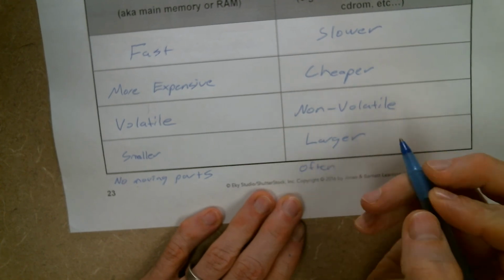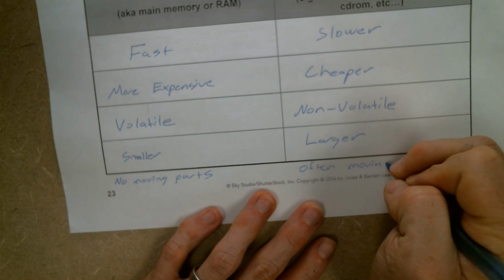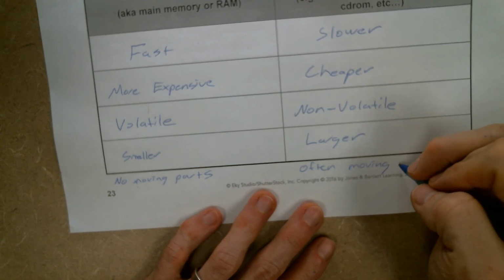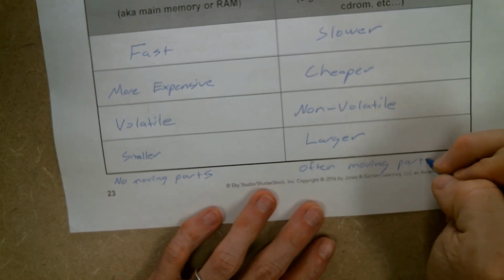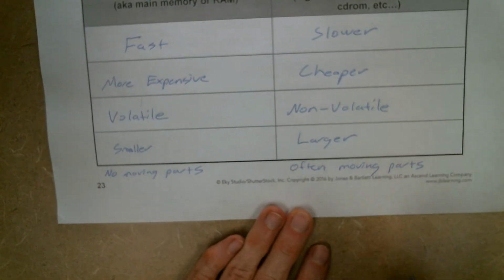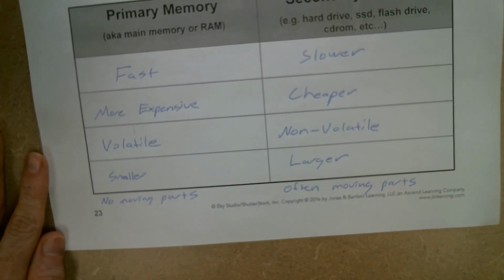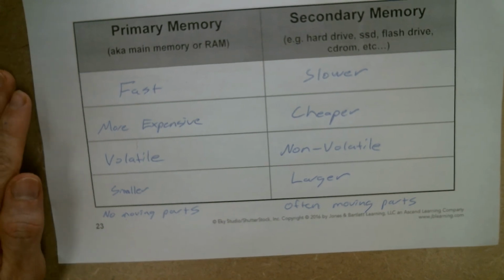It doesn't have to, again, flash drive, but a lot of the mediums, CDs, DVDs, hard drives, generally have a lot of moving parts, which can sometimes be problematic just because those moving parts can more easily break. I mean, you're talking about actual physical hardware, and things can go wrong there and cause it to break that way. All right, so again, just some final comparisons of the two of these.